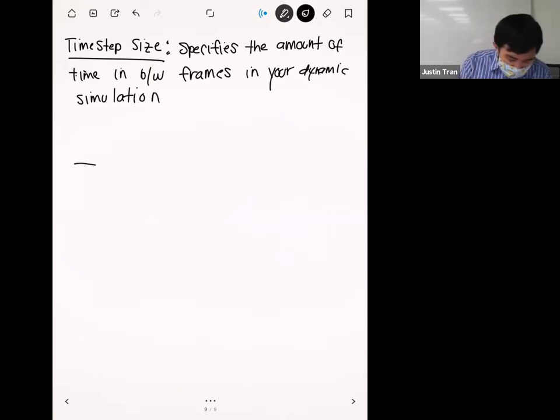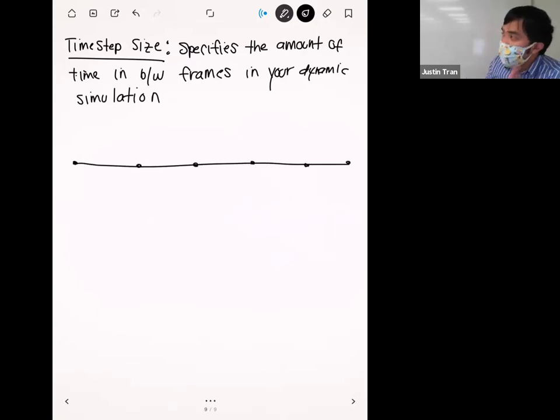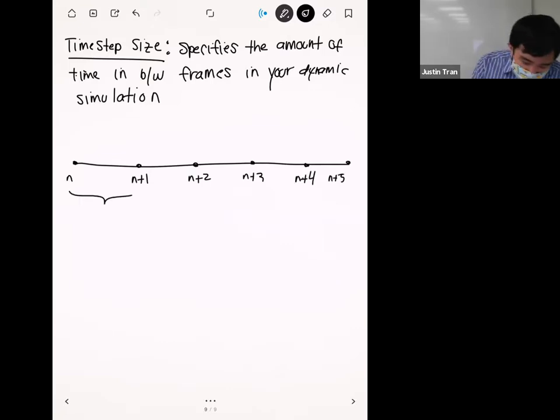And so if I draw a timeline like this, let's say that each of the dots here represents your solution changing with time, right? Each of these dots is a separate finite element problem that we're solving. And so the time in between your frames right here, this is your time step size.